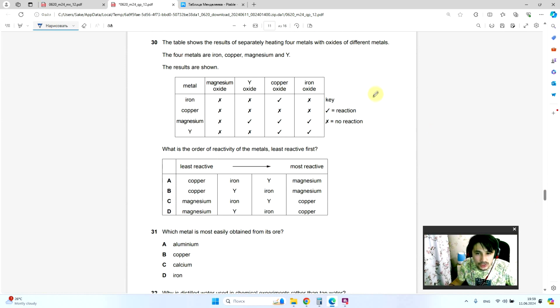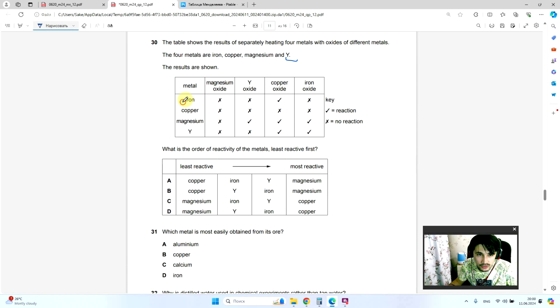Next question, question number 30. The table shows the result of separately heating 4 metals with oxides of different metals. Okay, the 4 metals are iron, copper, magnesium, and Y. The results are shown. What is the order of reactivity of the metals? Least reactive first. Alright, so you need to check the reactivity.